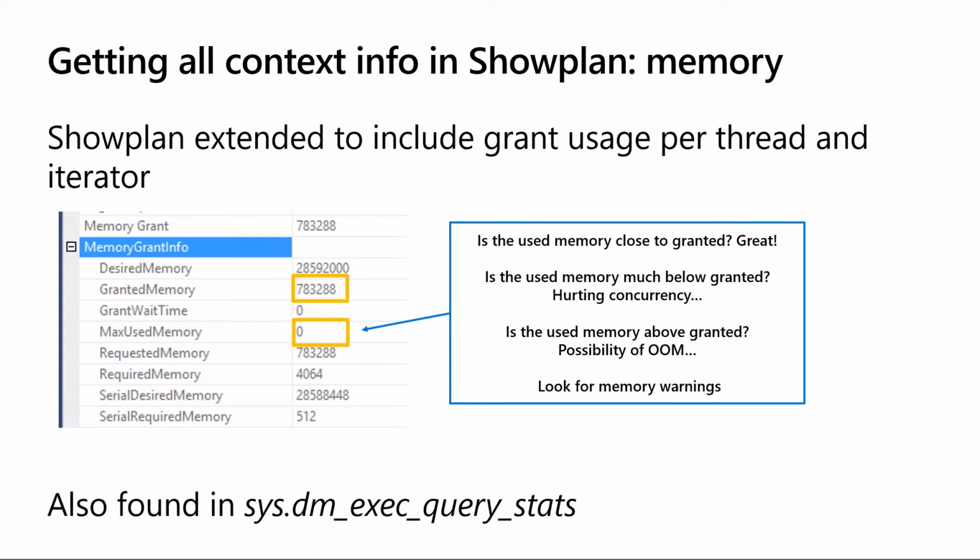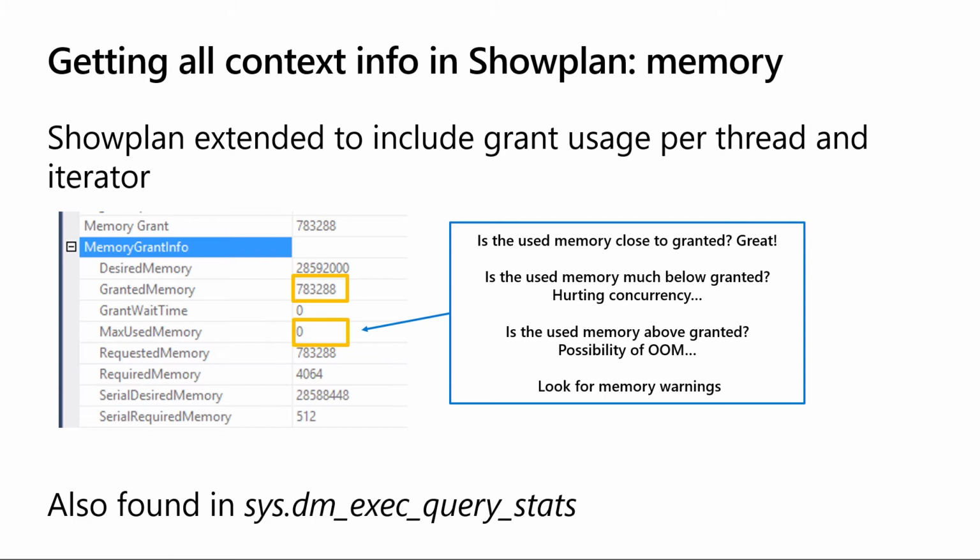That means that if there is this large skew in which the max used memory is a lot lower than the granted memory, this is hurting concurrency. Just to think in simple terms, think about a SQL Server with 10 gigabytes of RAM, and that's also the max server memory. And now you're running queries that literally grab almost 800 megs of memory for each execution, but they end up using a lot less than that.